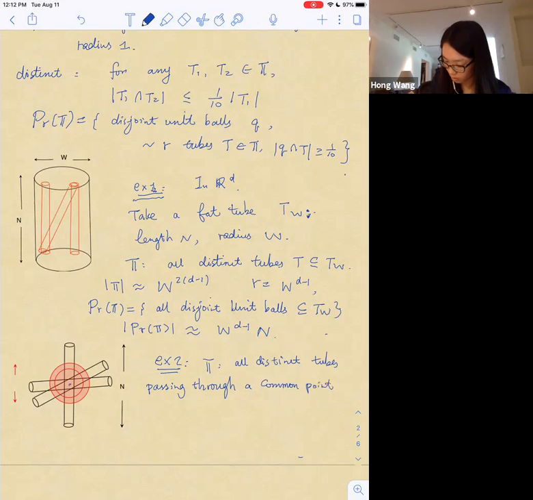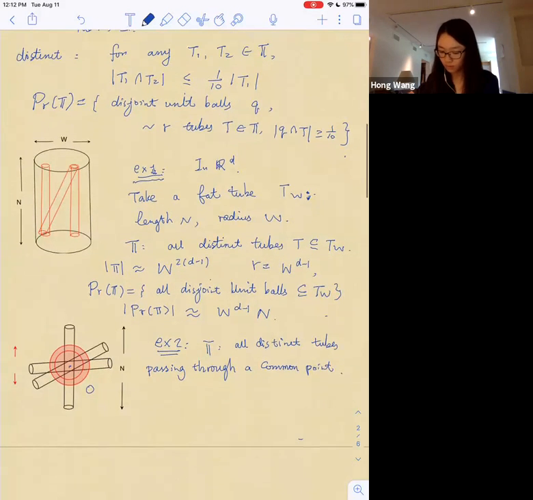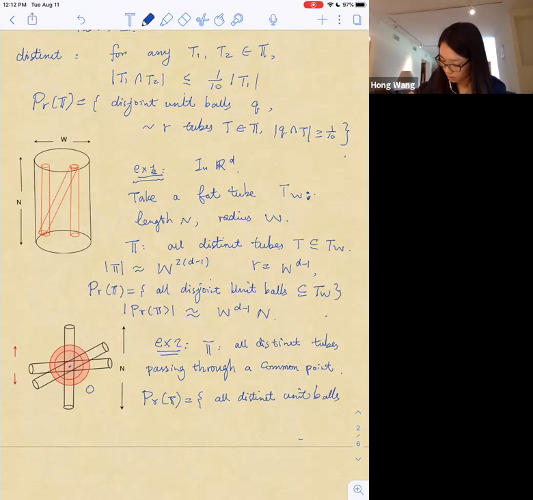Let's call this point O. Then the set of R-rich balls will be the set of all distinct unit balls that lie in the annulus centered at O of radius roughly N times R to the minus 1 over d minus 1.